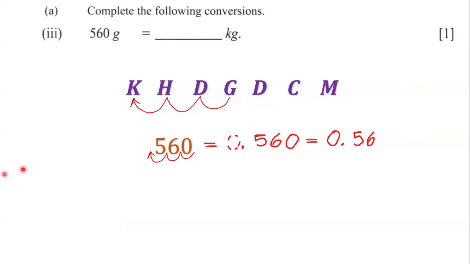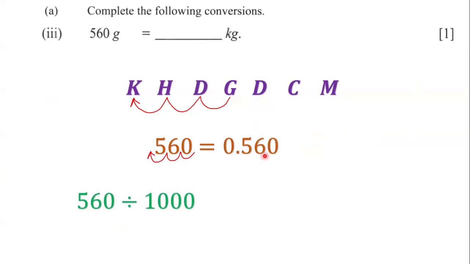Very good. So let me actually go ahead and show it. I still have this thing here, 0.560. I wonder if I simplified. I probably just left it there. So I have 560 divided by 1,000. Remember, we divide by 1,000 because we move it over 3 times to the left. So we divide because it's to the left, and we use 1,000 because we move over 3 times.